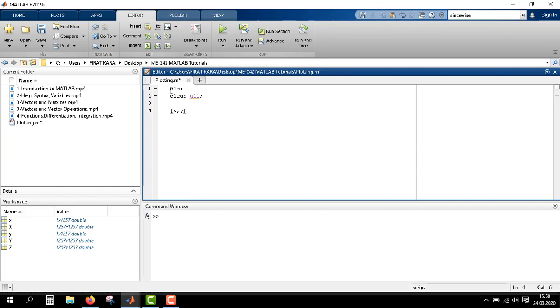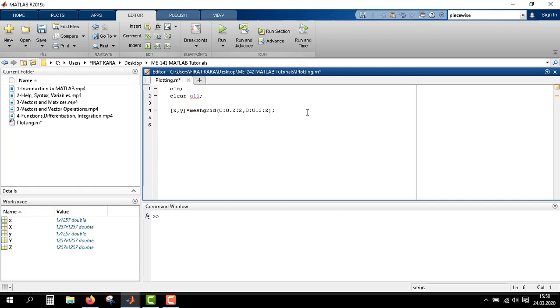It's the same as the previous one. Meshgrid from 0 to, sorry, with a step of 0.2.